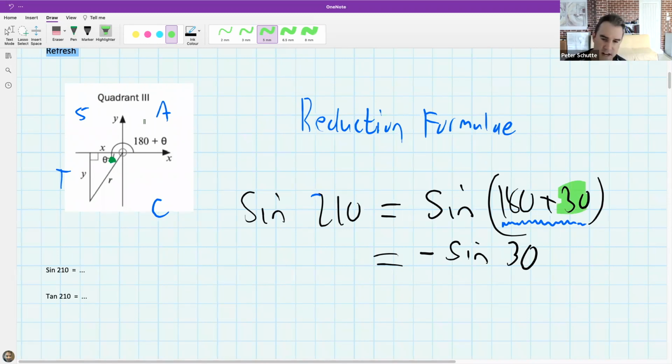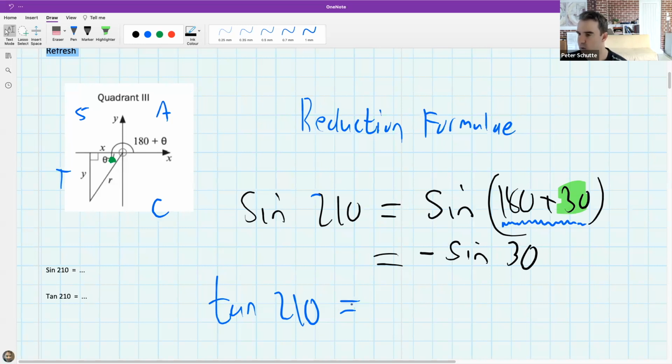Now, I want everyone to reduce the tan of 210 for me. So take the tan of 210, and I want you to rewrite that in terms of a reduced angle with a similar expression, and you can pop it in the chat.